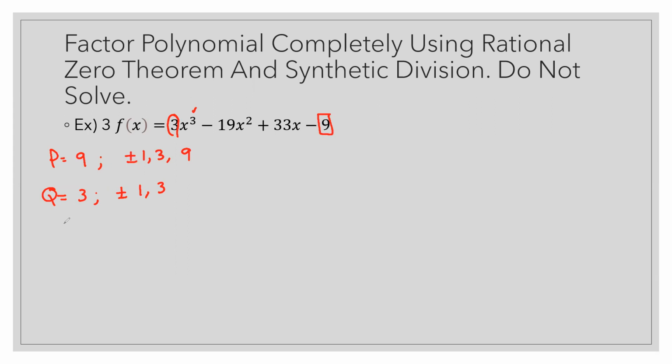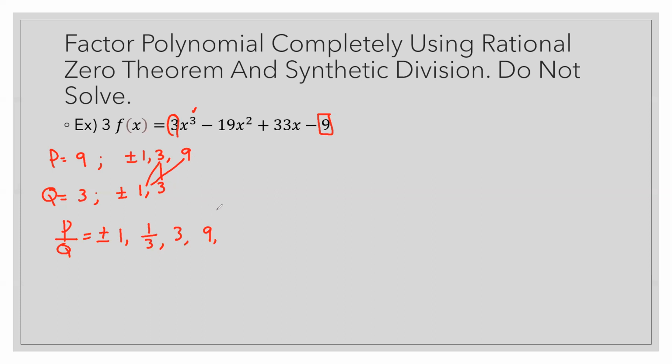And then we're going to do rational p over q. So that's plus or minus 1 over 1 is 1. 1 over 3 is 1/3. 3 over 1 is 3. 3 over 3 is 1, which we already have, so you don't have to redo that. 9 over 1 is 9.